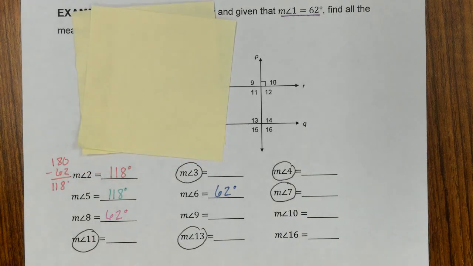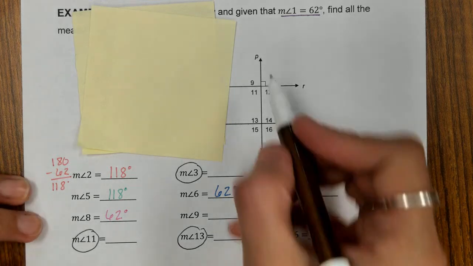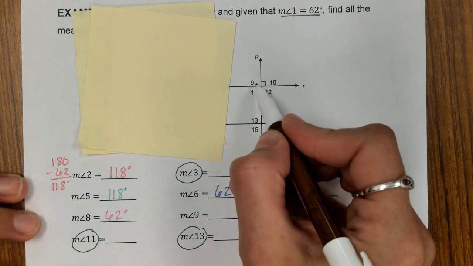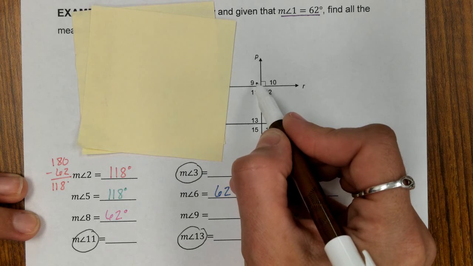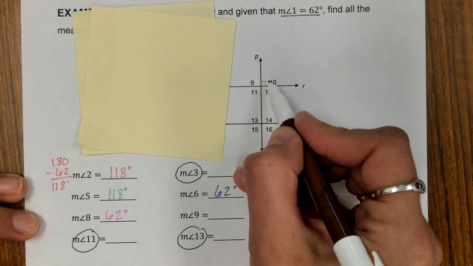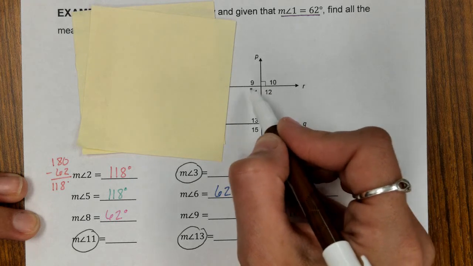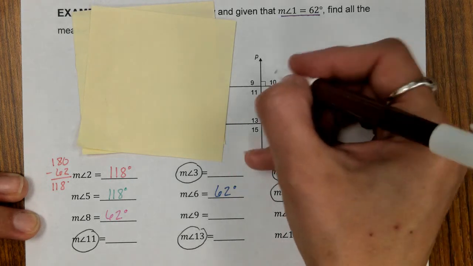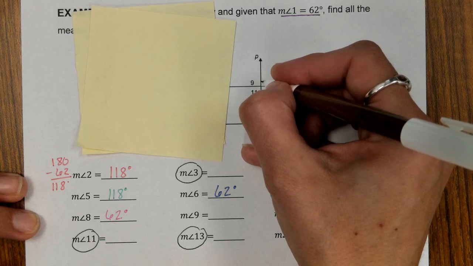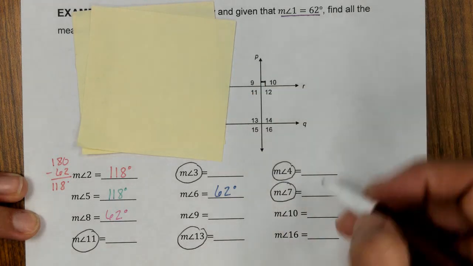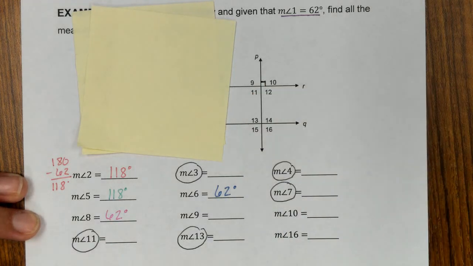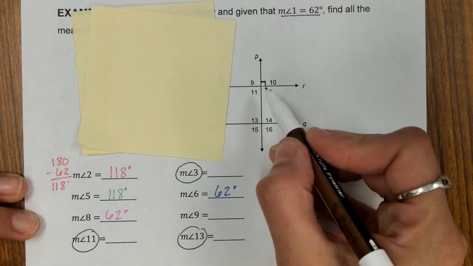We want to take a look at the measurement of angle 9. We kind of have to backtrack a little bit, because we need to see that angle 9 and angle 10 are a linear pair. They're on a line together. They're going to be supplementary, and we're given information about angle 10. So I'm actually going to start over here at angle 10 and ask, what does that little box tell me?